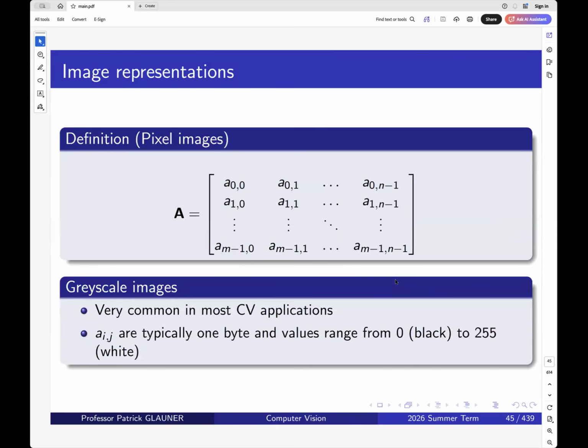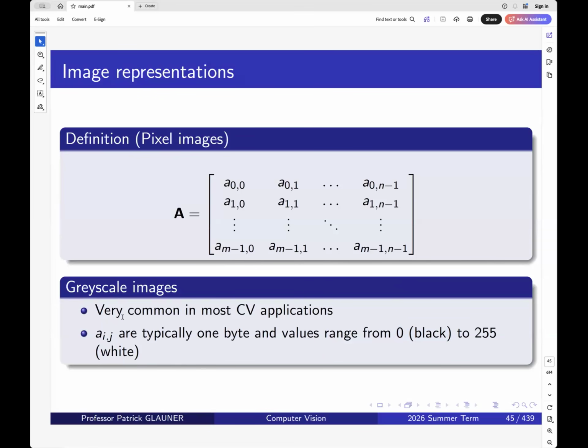And largely in this course, we deal with grayscale images, where, as I've said before, 0 refers to black and 255 to white, and the other intensities would be in between in that range. We will look in a few places into color images, but most of computer vision applications internally to detect something would use some grayscale representation.